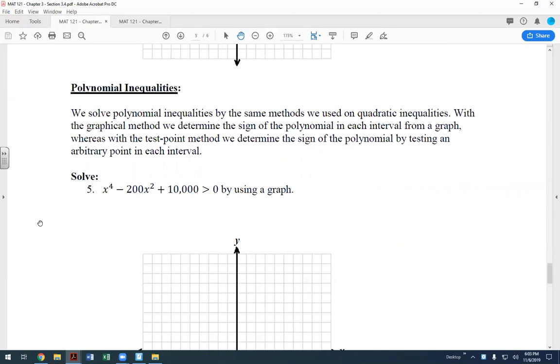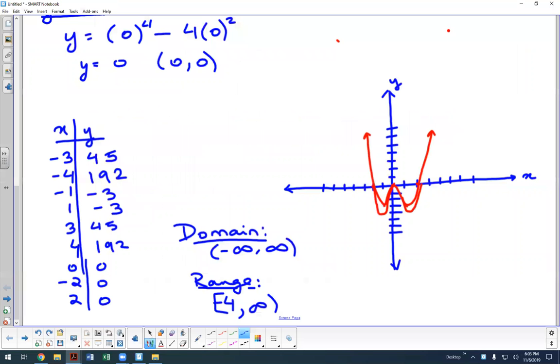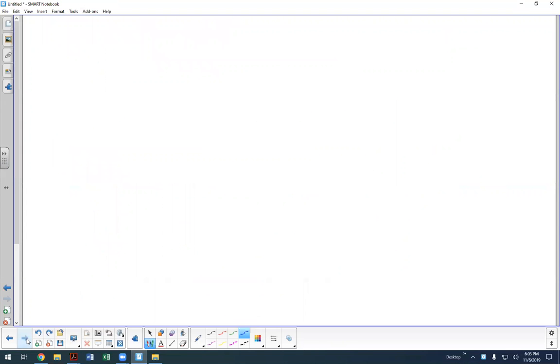So again, we're trying to identify where this function is going to have values greater than 0. So the first thing we need to do is graph it, and we're going to be using these same techniques that we did with number 4. So let's start with number 5.